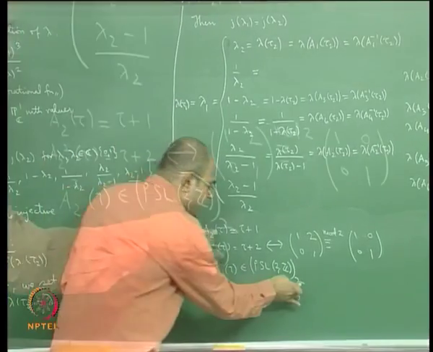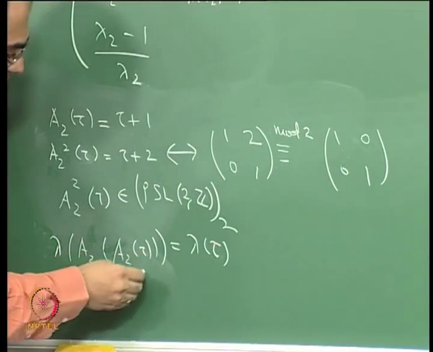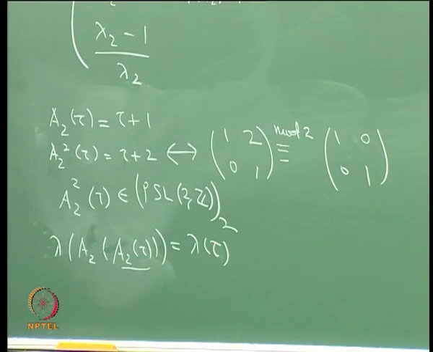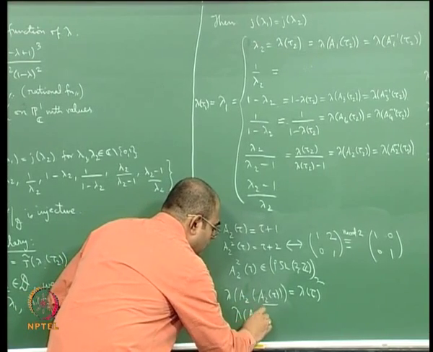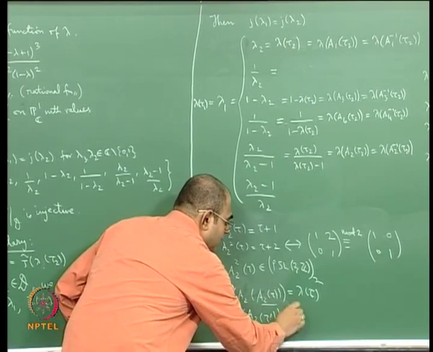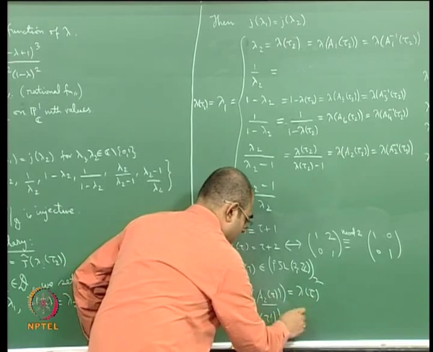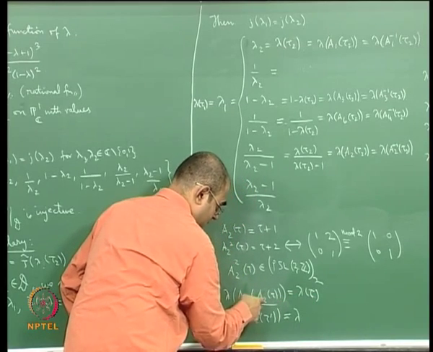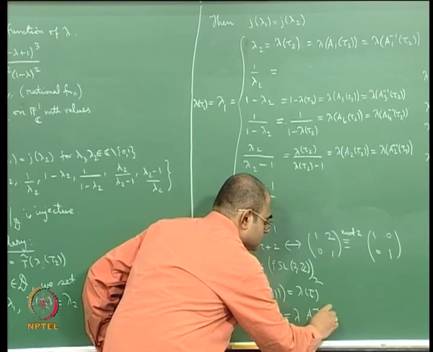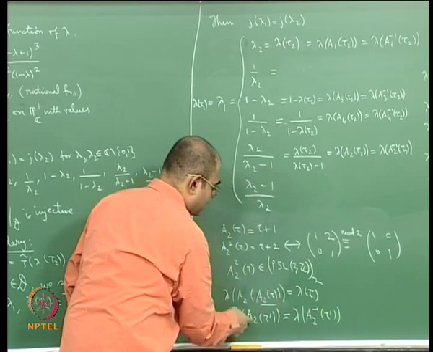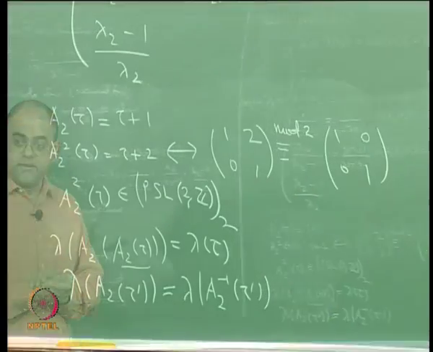Now you replace a2 of tau by some tau prime, then you get lambda of a2 of tau prime is equal to lambda of tau, which is a2 inverse of tau prime. That is how you get lambda of a2 is lambda of a2 inverse, okay.